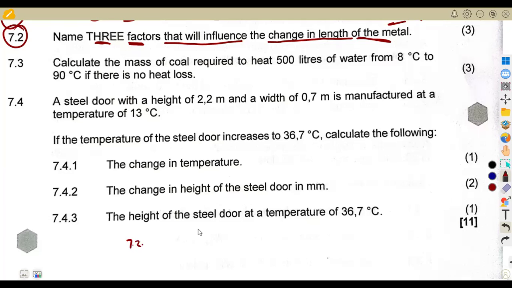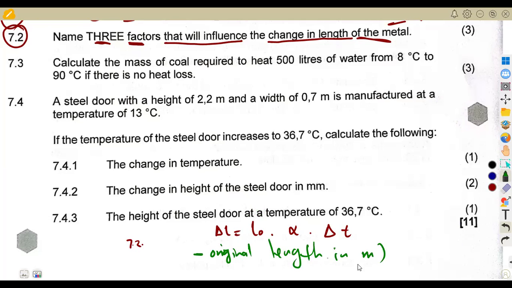So in this case, from our formula for the change in length, which states the original length times the linear coefficient of expansion times the change in temperature, what is going to affect this change in length is, one, the original length. We're going to need the original length of the metal, in meters.